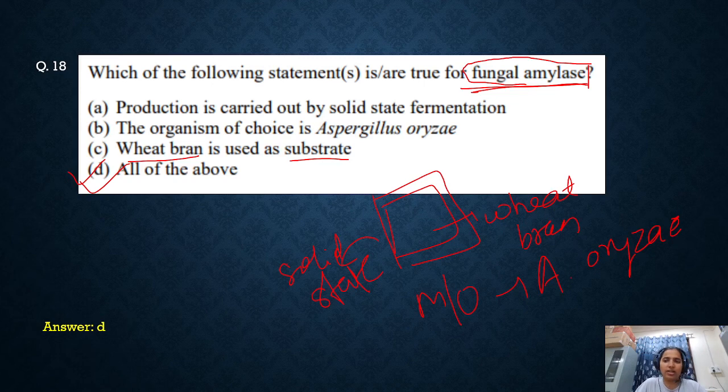I will check and let you know. They are from the same family, but the enzyme production is different, so I'm not sure that the niger species is also used for amylase or not. Okay, ma'am, thank you. I will also check and let you know.